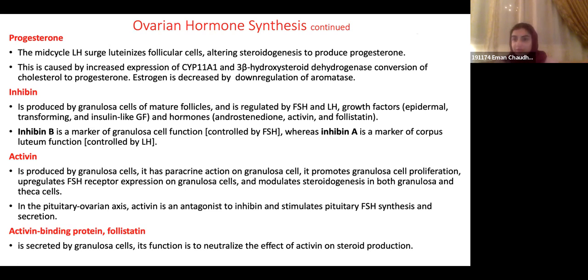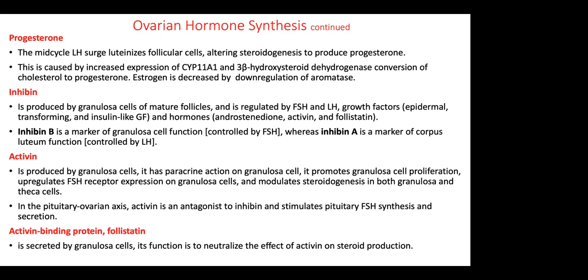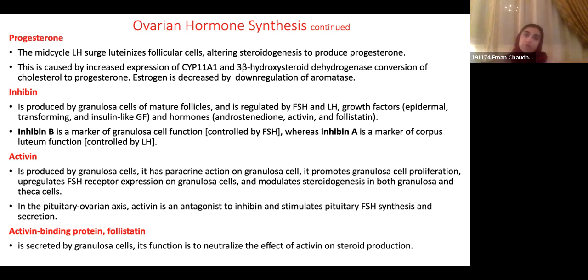When that doesn't happen, after a certain amount of time, your corpus luteum will go through, not atresia, what's the correct word? It'll just stop developing further. It'll start becoming apoptotic. It'll start to die out, right? That means that there's a fall in progesterone, and that is what results in a menstrual period. Basically, the shedding of the endometrium, because you no longer have the progesterone to support that endometrial lining, okay?